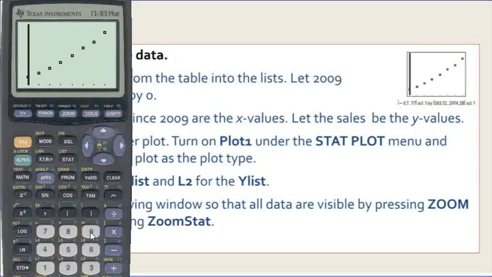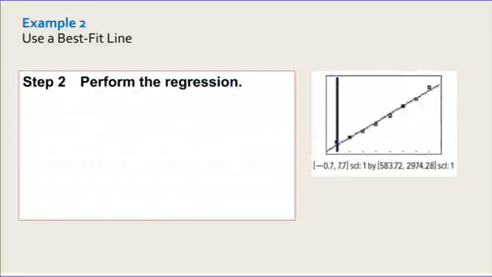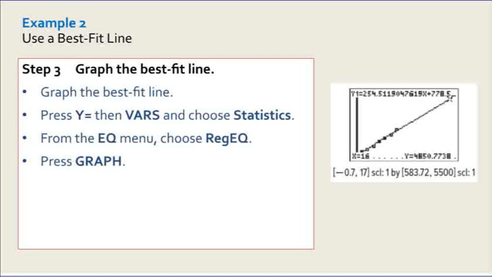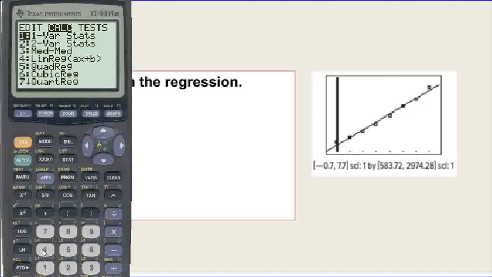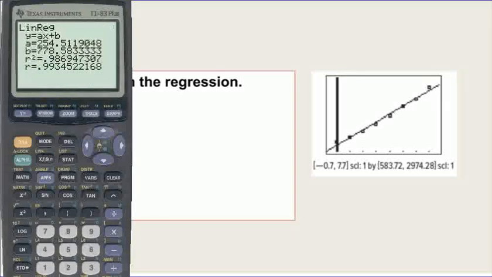Now if you want to do the regression, we did the regression already on that. So to do that, again, go back to my calculator, just going to hit stat, calculate, number 4, enter.